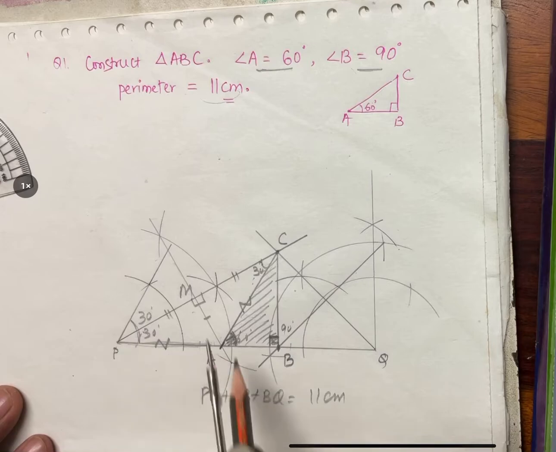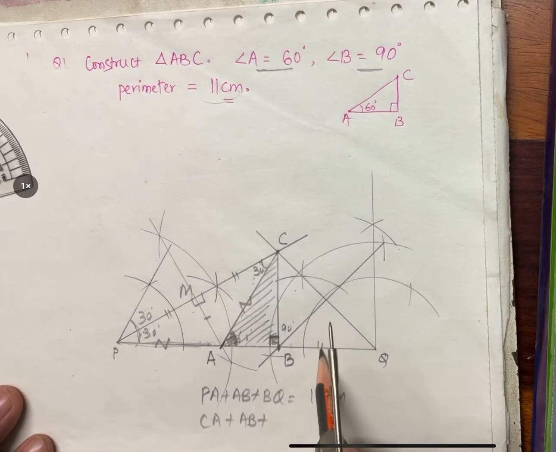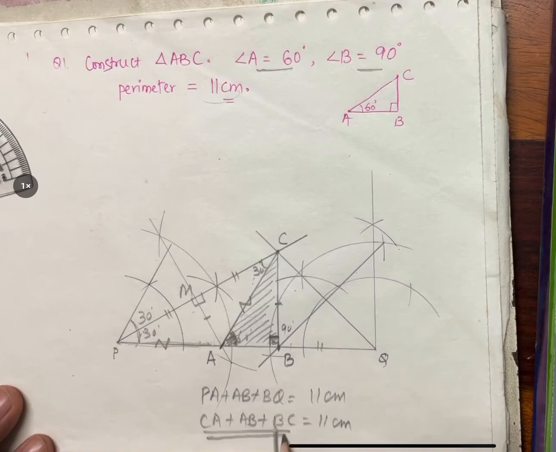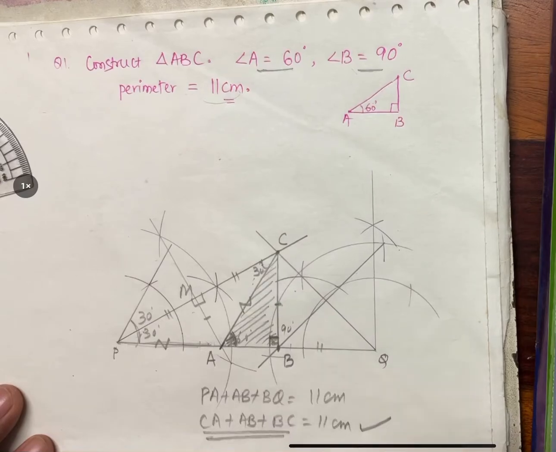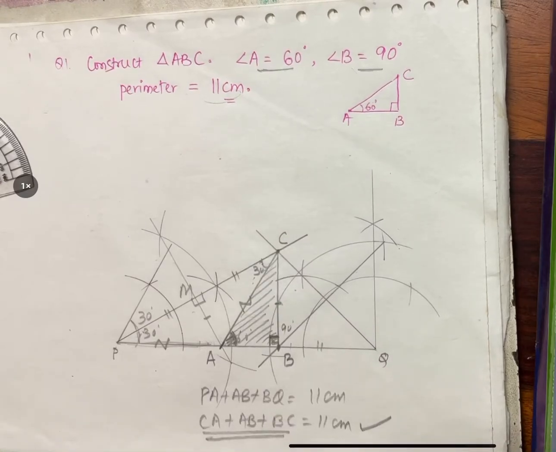So instead of PA, I can write CA plus AB. Similarly, instead of BQ, I can write BC is equal to 11 centimeter. And this is nothing but the perimeter of the triangle. So the angles are confirmed and the perimeter is also confirmed. This is the construction of a triangle whose two base angles are given and the entire perimeter is also given.